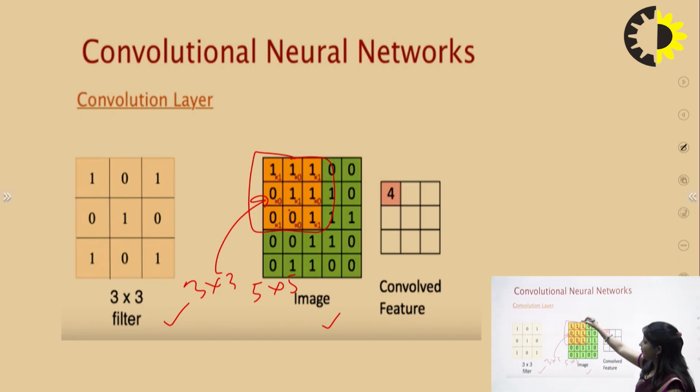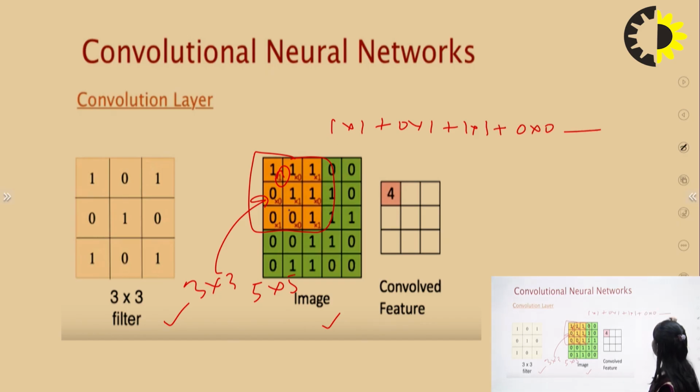So at 1 I have already written 1 into 1 plus 0 into 1 plus 1 into 1 plus 0 into 0. Like that we apply the dot product of each filter element with the image element, then sum all the values, and the center pixel gets replaced with that value.